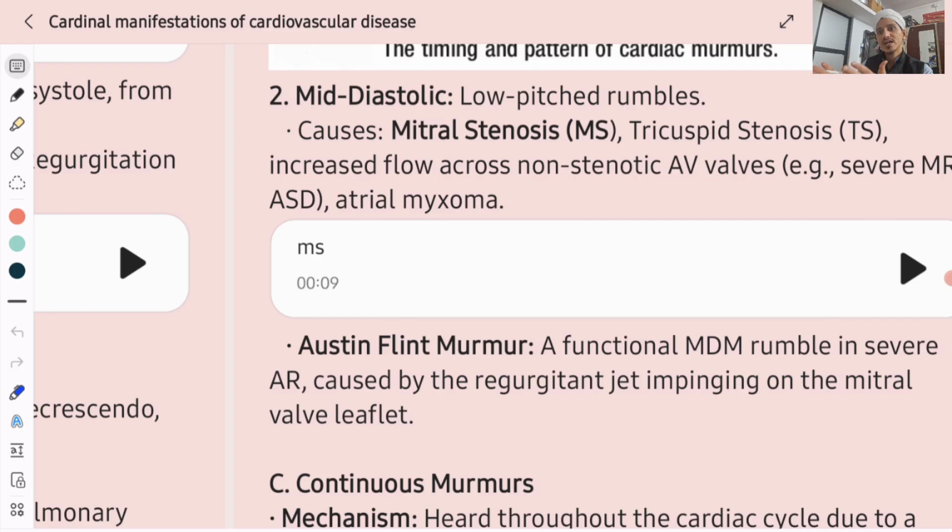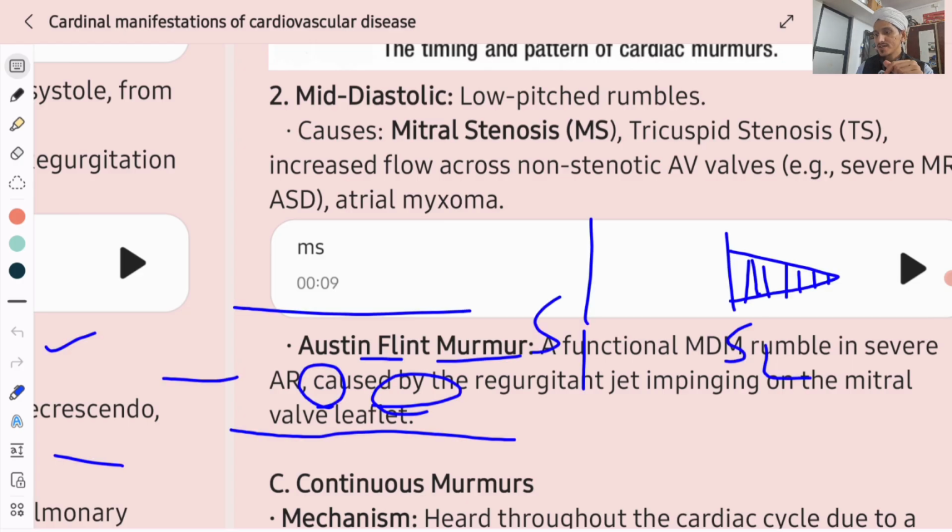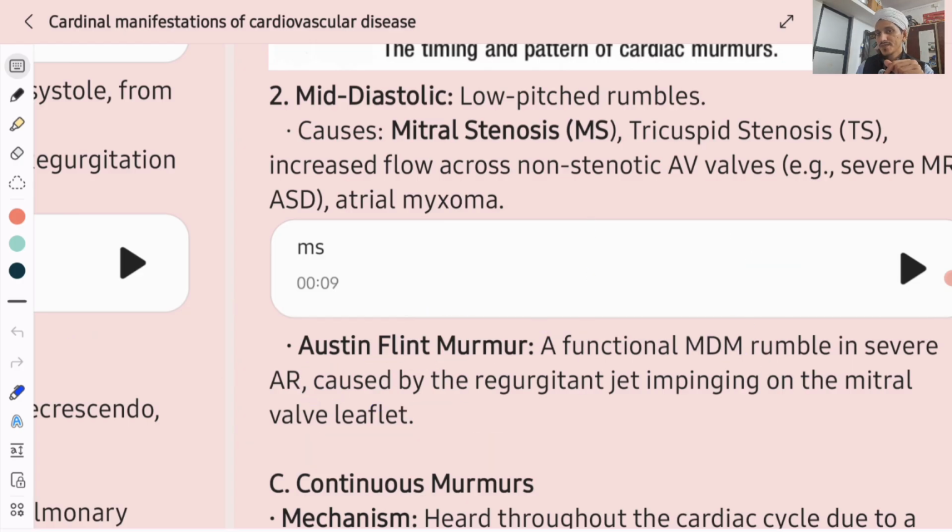So diastolic murmurs are rumbling type. That is early diastolic. Now mid diastolic, classically you will see in mitral stenosis. Early diastolic in aortic regurgitation, and mid diastolic in mitral stenosis.